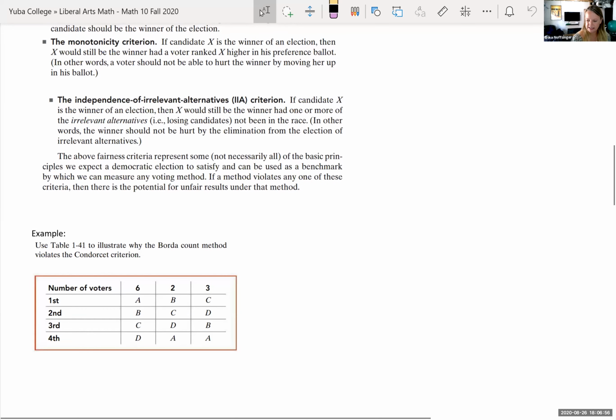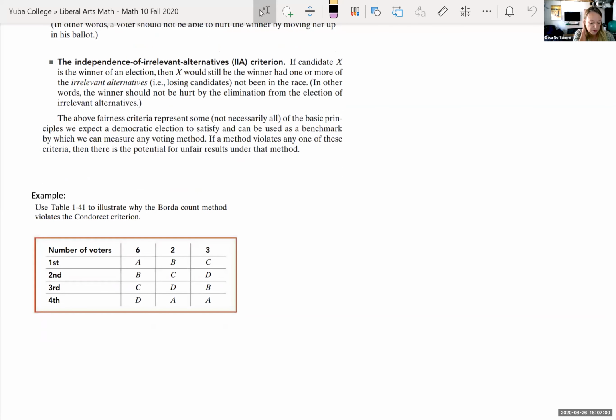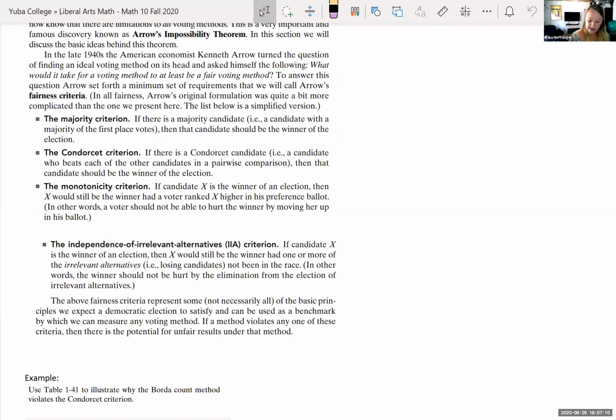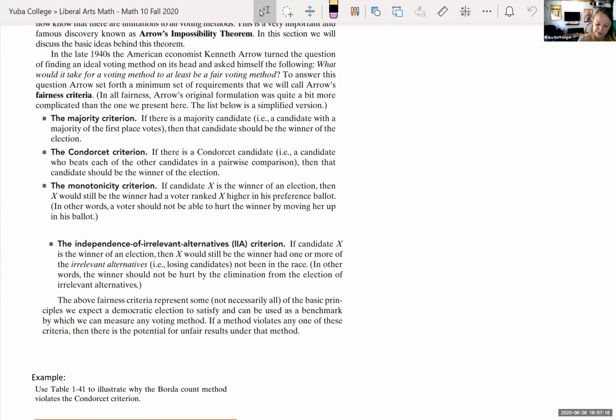And so like in this example, I guess I do have time. So we want to illustrate why the Borda count method violates the Condorcet criterion. Okay, so Condorcet says if there is a Condorcet candidate, the candidate has to beat each of the candidates in a pairwise decision, then that candidate should be the winner.